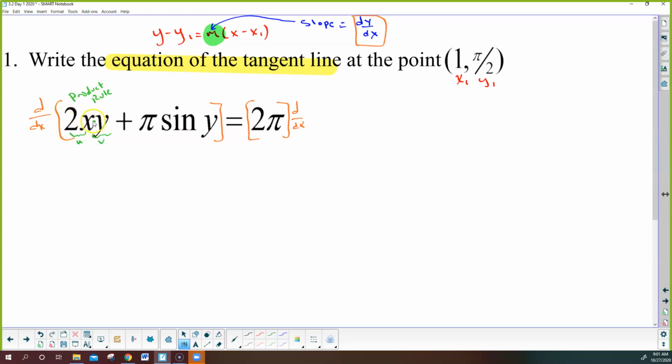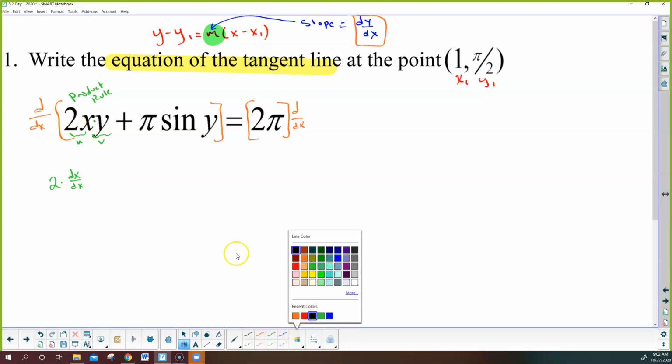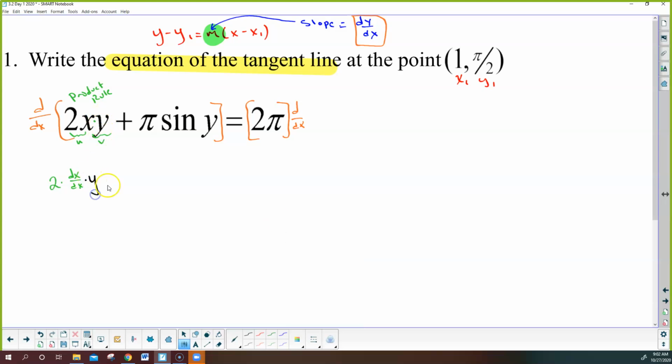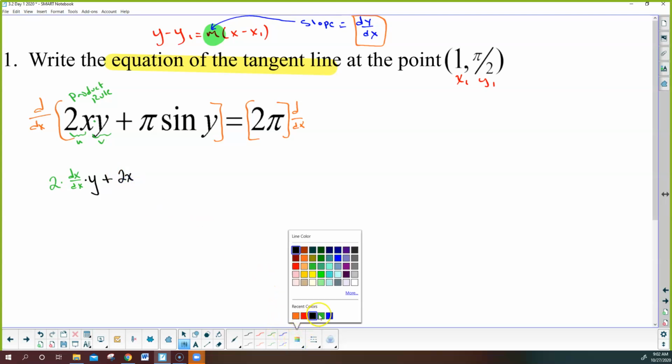Well, it's the derivative of the first piece. So the derivative of 2x is just 2 dx. That's the derivative of this part. And then we're going to multiply that by the original second piece, which is just y, plus the original first piece, 2x, times the derivative of the second piece.